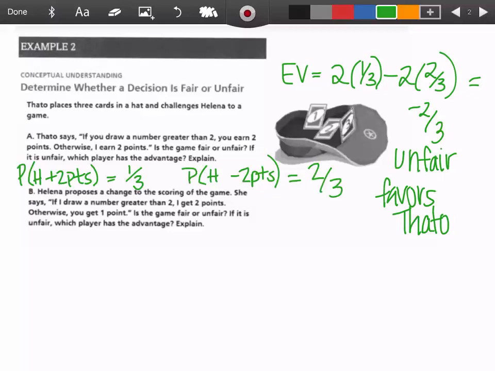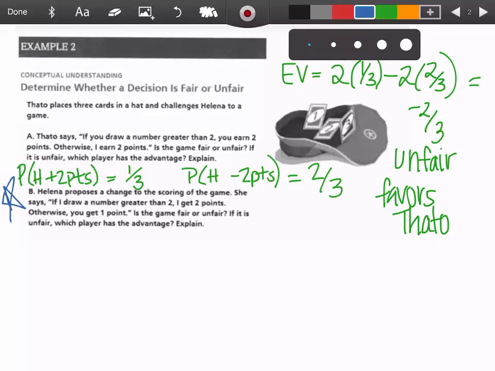So now Helena decides to propose a change to the scoring of the game. She says, if I draw a number greater than 2, I get 2 points. Otherwise, you get 1 point. Is the game fair or unfair? Now, if it is unfair, which player has the advantage? So our probabilities didn't change.